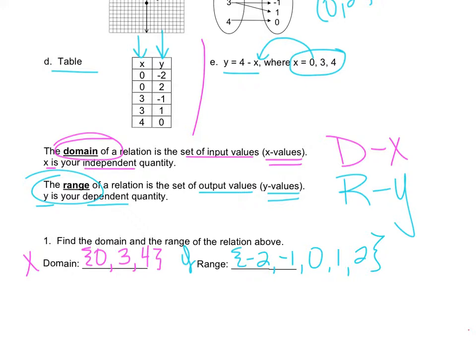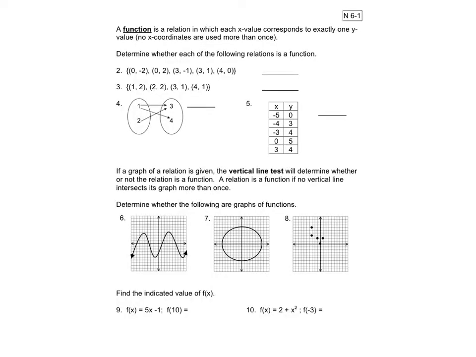Okay, so anytime you're given a relation, list of ordered pairs, you can easily find your domain and range by listing out the X values for domain, the Y values for your range.